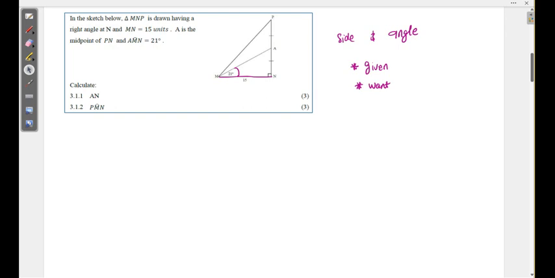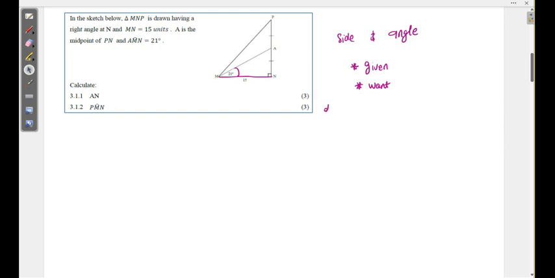My question is, you see this side given MN, right? Yes, sir. And the angle given 21 degrees, this angle. Yes, sir. Is the side adjacent to the angle, or is the side opposite to the angle? It's adjacent to the angle. Right, it's adjacent to the angle.